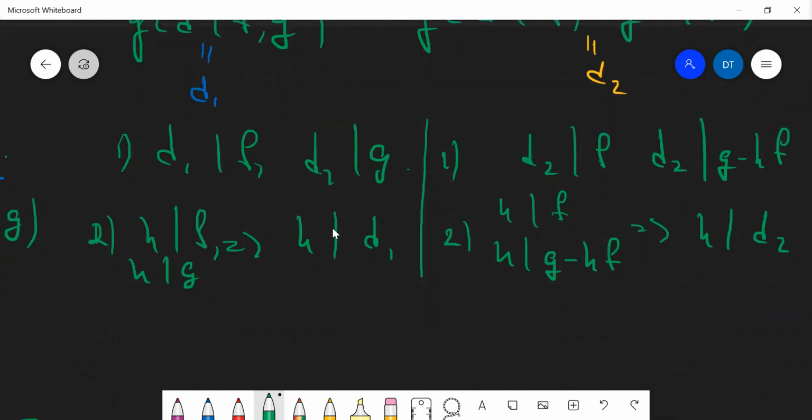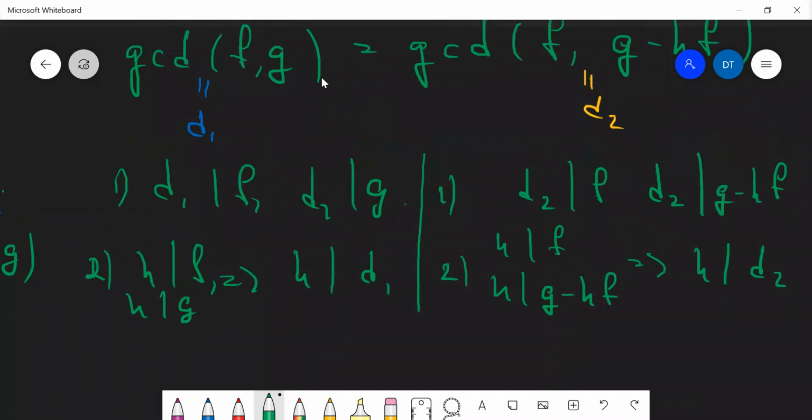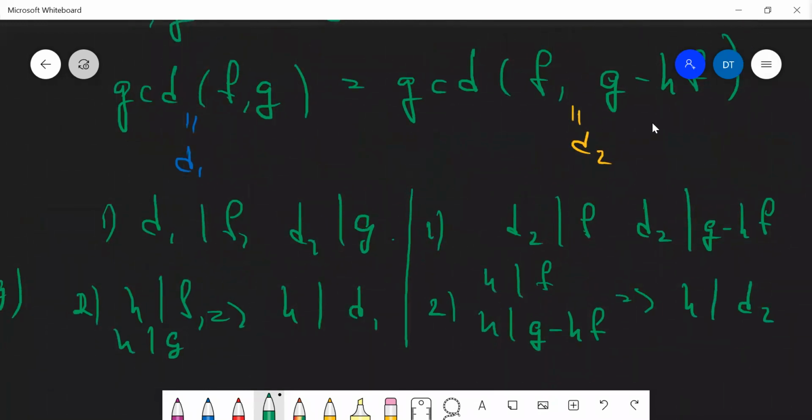I want to show you that if D1 satisfies these properties, then D1 satisfies the other ones, and vice versa. If D2 satisfies these properties, then D2 satisfies this one. Then we will show that the set of greatest common divisors for this pair is exactly the same as the set of greatest common divisors for this pair.